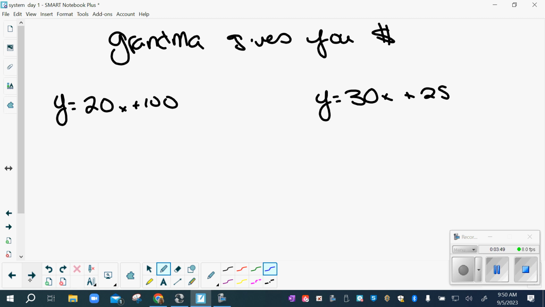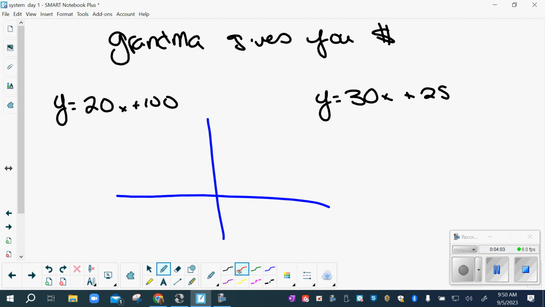So here's what I want to know: is there a time when you both will have the exact same amount of money? And there is. If you were going to put this on a graph, and you don't have to do this, you're just watching, here's you, you get your $100 and Nana's giving you your money like this.